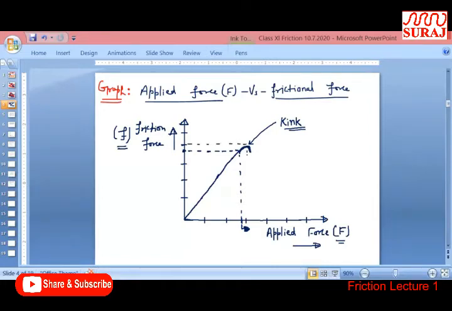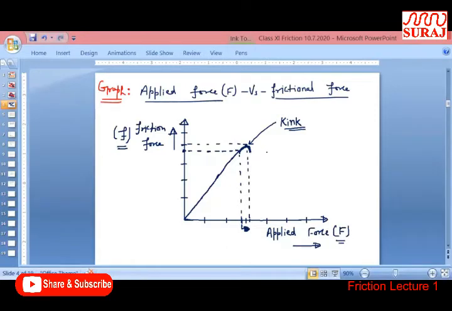Okay, this is the situation when the block starts moving. First it was about to move, and as we increased the applied force slightly, we saw the sharp increase in the friction force here, and the block starts moving.